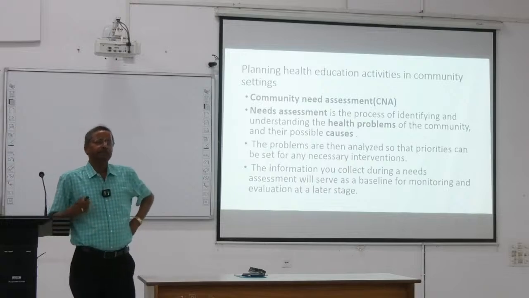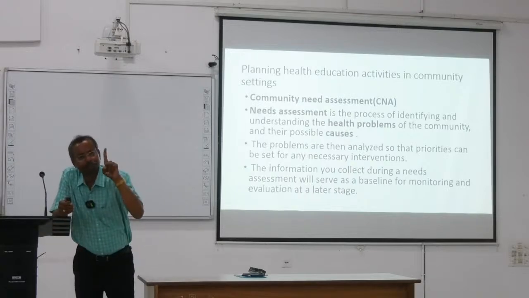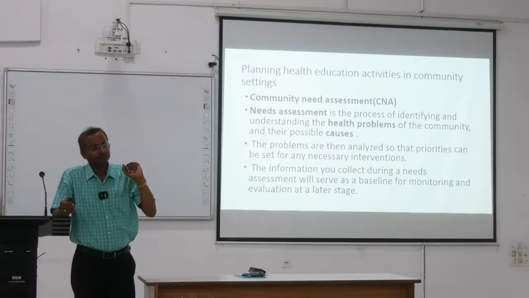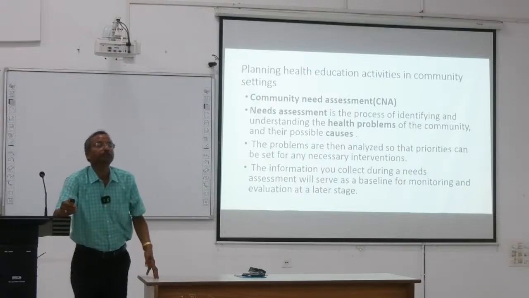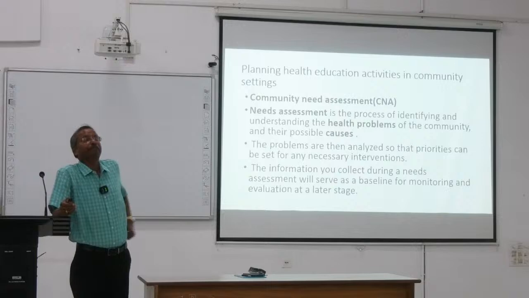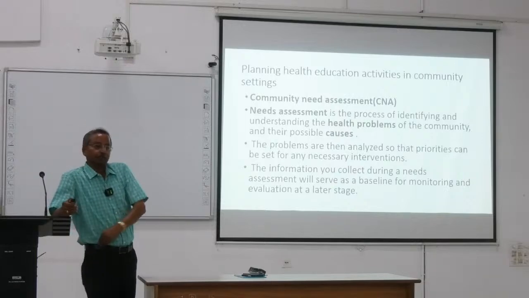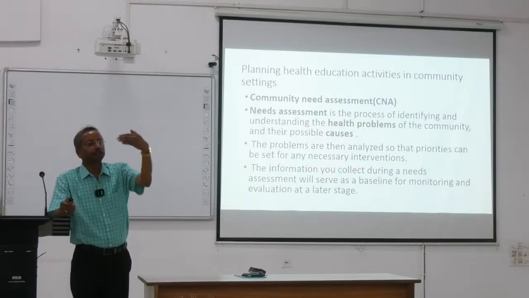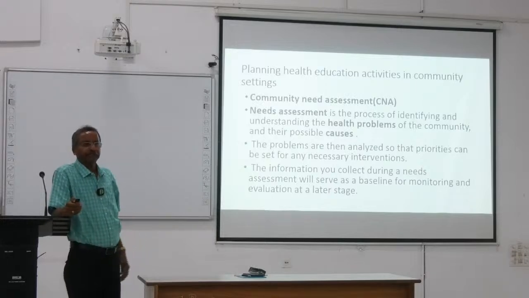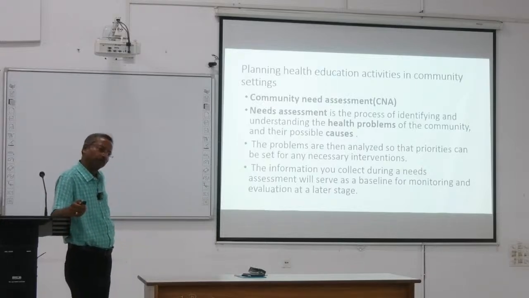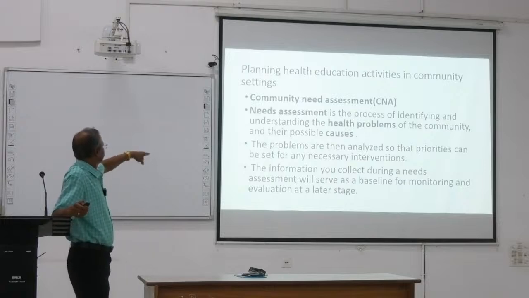It may so happen that there is not only one problem, maybe 2, 3, 4, 5. Then you have to prioritize which problem to tackle first, the main pressing problem, according to importance in the sequence 1, 2, 3, 4. So first you will undertake activities to solve or minimize problem number one.